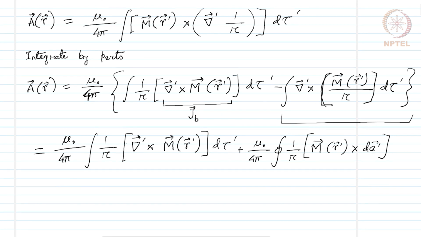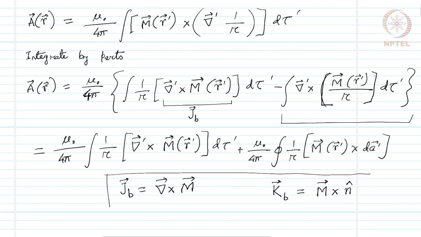So, the surface current density Kb would be expressed as magnetization cross normal to the surface. Here let me write down Jb clearly here. Jb would be curl of the magnetization. These two are the relevant expressions for the bound current if we want to express the vector potential in the form of bound currents, just like what we did in the context of electrostatics.